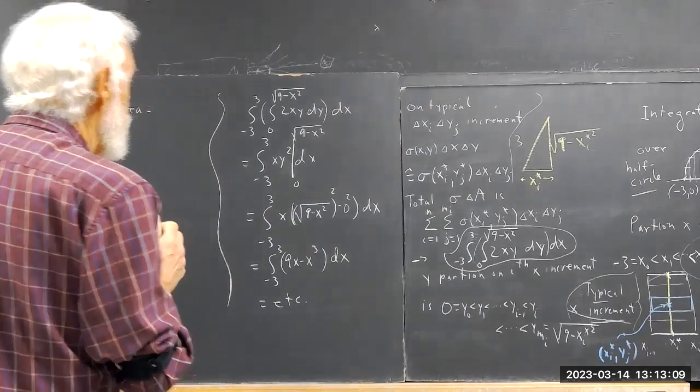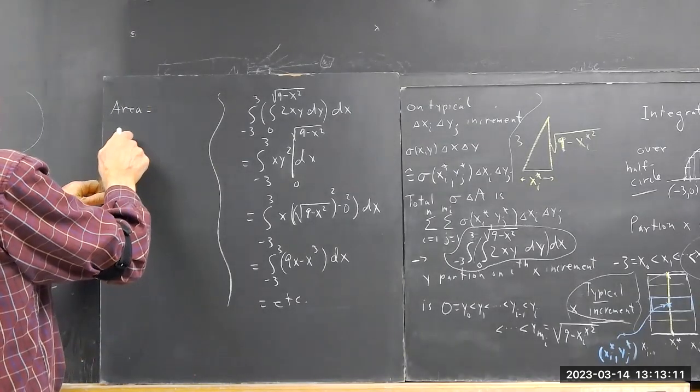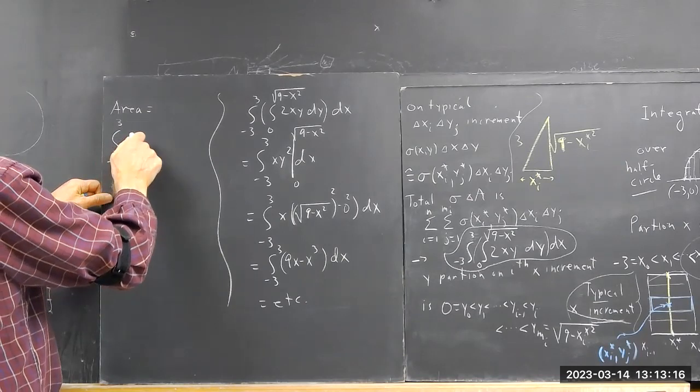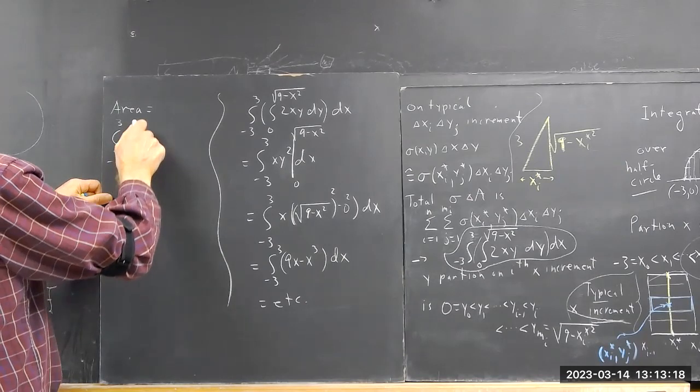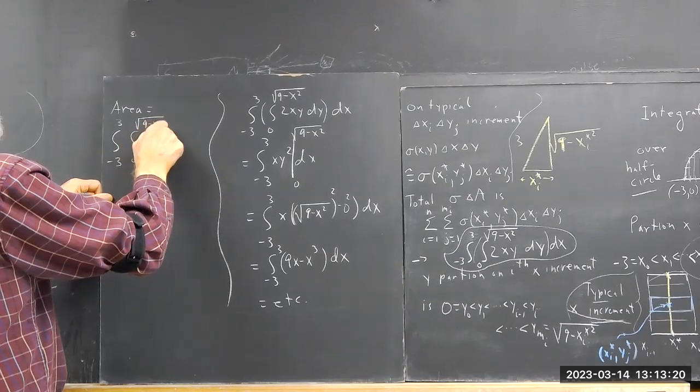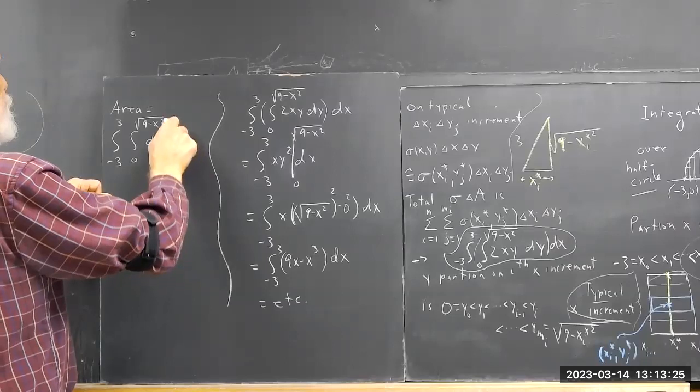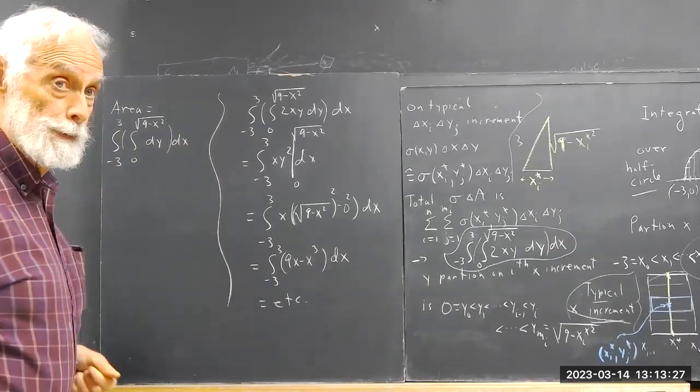What's the area? That's just the integral from -3 to 3 of the integral from 0 to the square root of 9 minus x squared, dy dx.